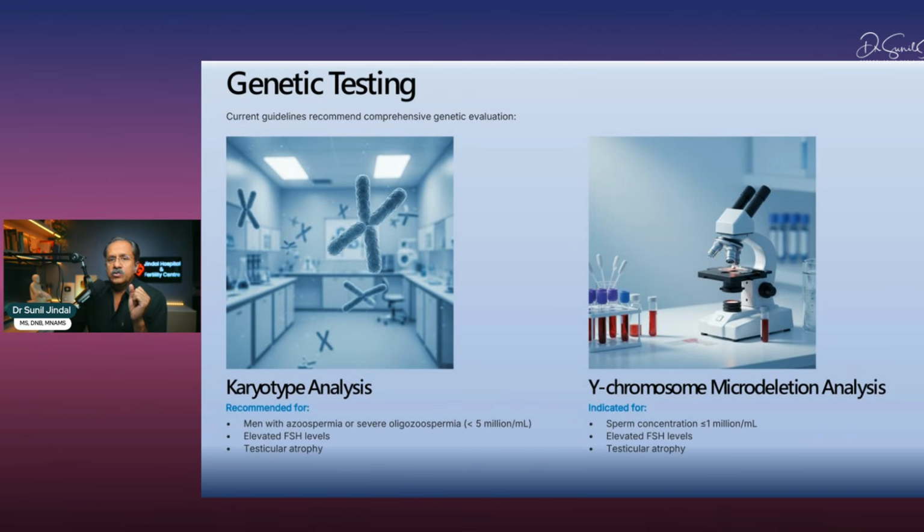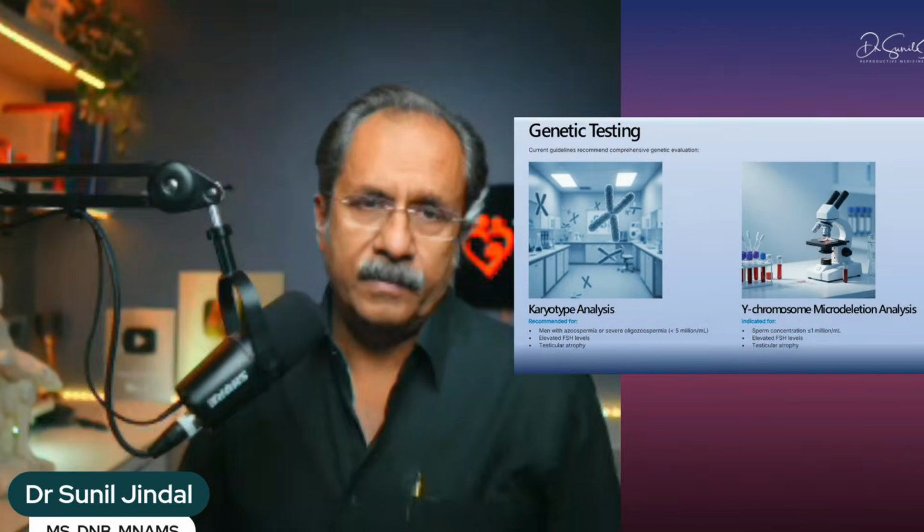And a Y chromosome microdeletion you will get done when the sperm count is less than 1 million, when there is an elevated FSH level, and when the testicular size is small. So, with any of these findings, you are going to get a genetic testing done.